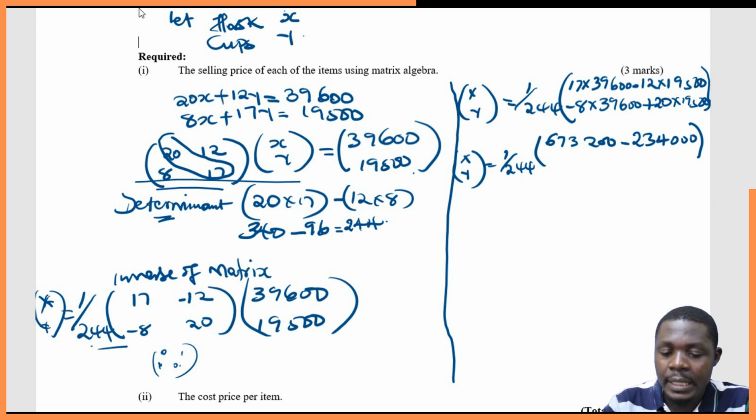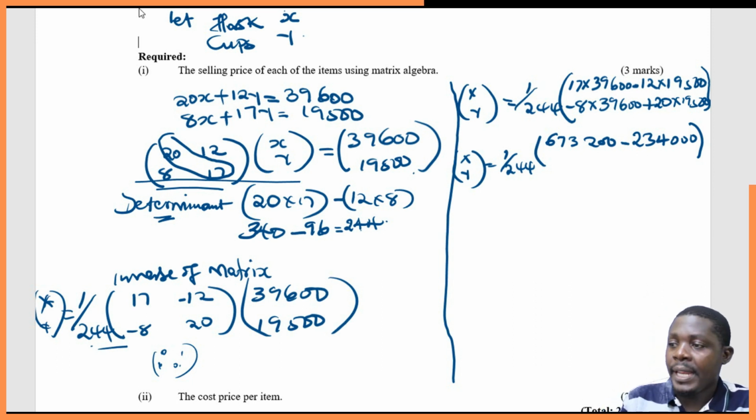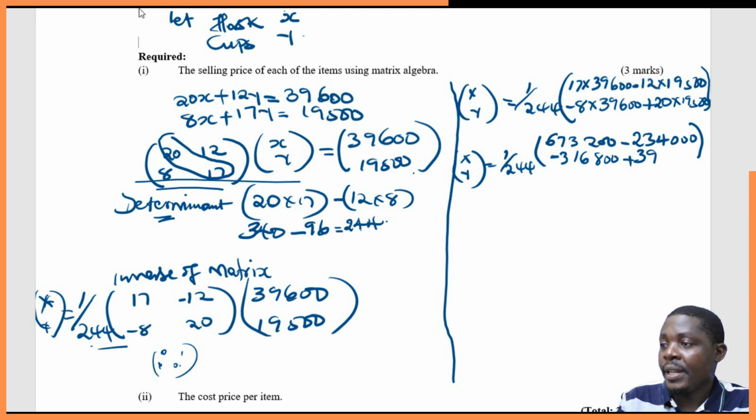Negative 8, I multiply by 39,600, we have here negative 316,800. We have 20, we are multiplying by 19,500, that is 390,000.